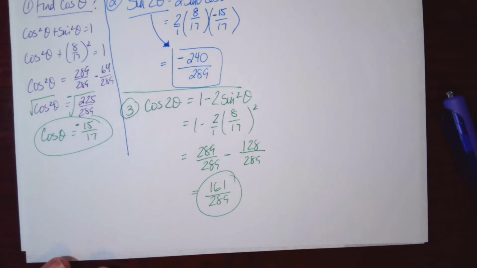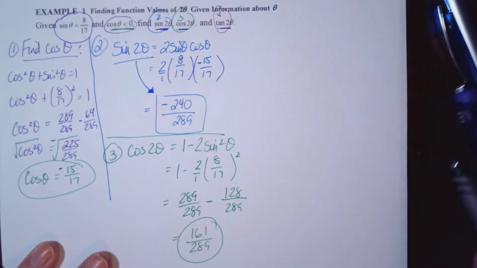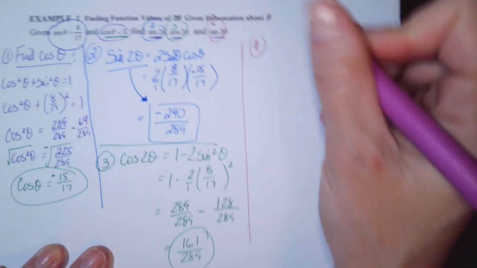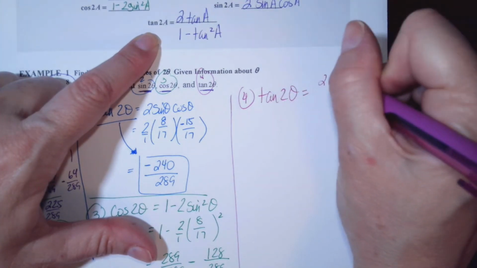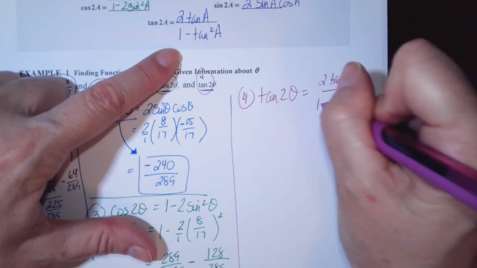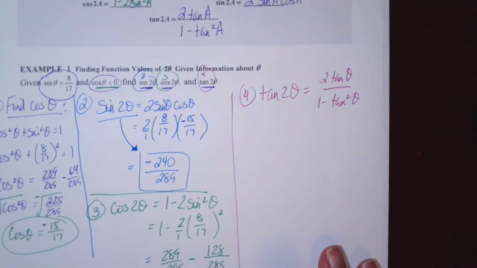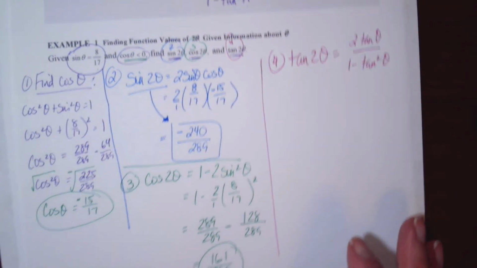So there is my cosine of the double angle. And now we've got tangent of the double angle. That's our last thing we were asked to find. We only have one double angle tangent identity. So we will say, okay, tangent of 2 theta is going to be 2 tangent theta over 1 minus tangent squared theta. Well, what is tangent theta? Tangent is sine over cosine. Cannot get away from using my found value here.